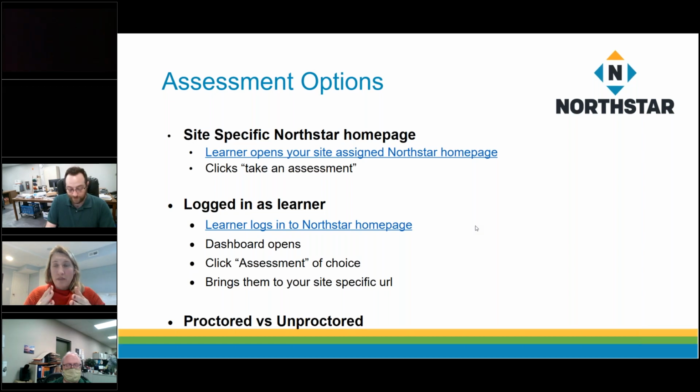So each library has a unique URL associated with it that you will want to provide to your patrons. And many libraries will put this on your library website so that patrons who want to take the assessment can come click there and then take the assessment. Again, some people who need digital literacy skills won't be able to do that.